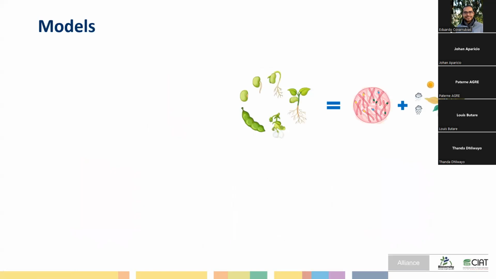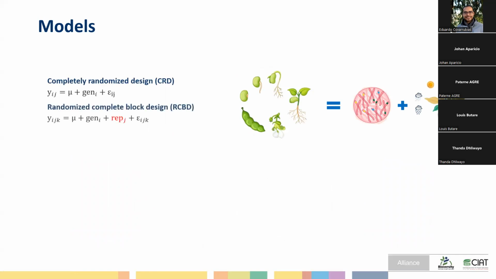There are different models, depending on the way that we randomize. For example, a completely randomized design has just the genotype. In a randomized complete block design, we have an additional component for capturing that variability, to reduce that error, because that's something that we try to reduce as much as we can.